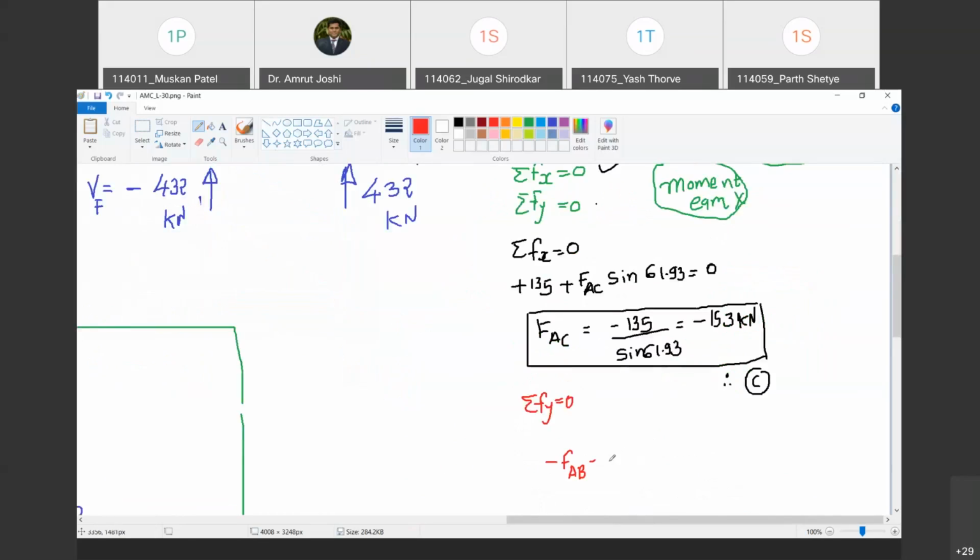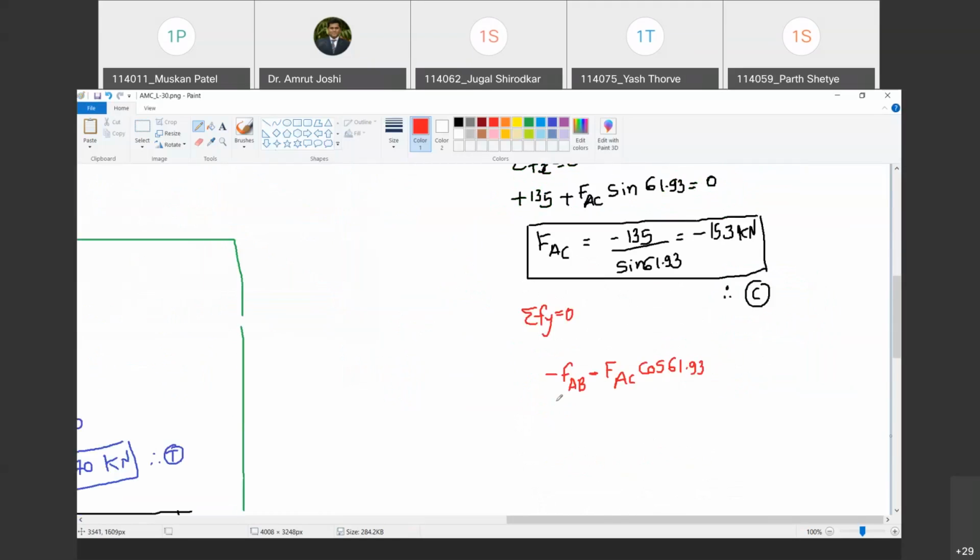So I am going to write it as minus FAC cos of 61.93. Do you agree with me? Yes, sir. And this has to be equal to 0. Now let us substitute the value of FAC here.